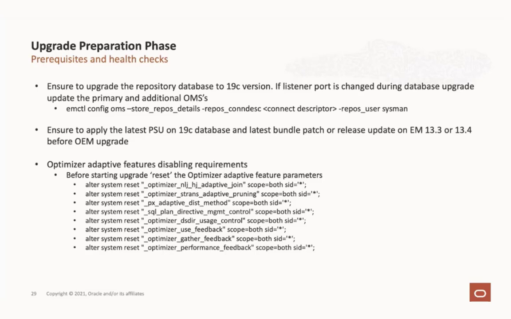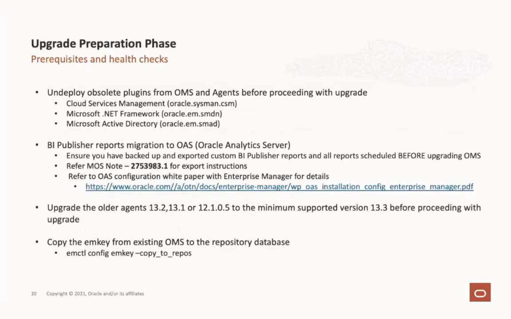Once the database is upgraded, you have to ensure the existing OMS is working before you even plan for your 13.5 upgrade. The next thing about the health check is about the obsoleted plugins.